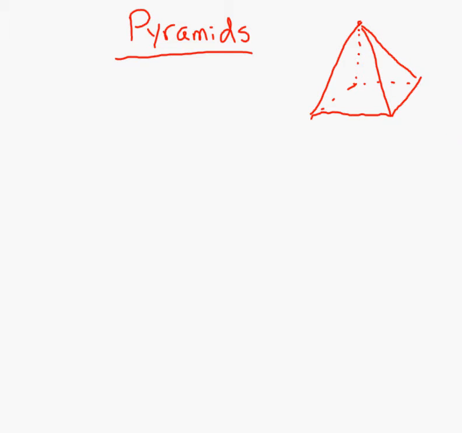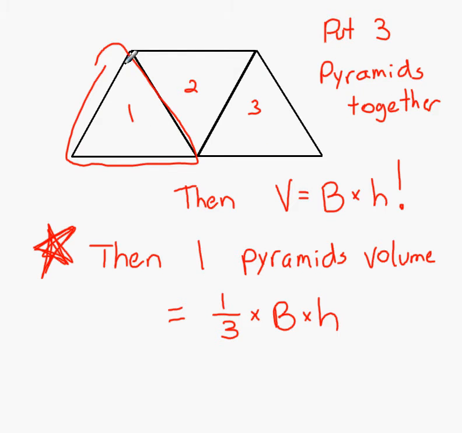A pyramid, if you put 3 of them together, and these are supposed to be 3D pyramids, has all kinds of bases and vertices and sides. If you put 3 of the pyramids together, then you get a rectangular prism. Just trust me on that, it's too hard to draw. So, if you get a rectangular prism, then the volume would be big B times h.